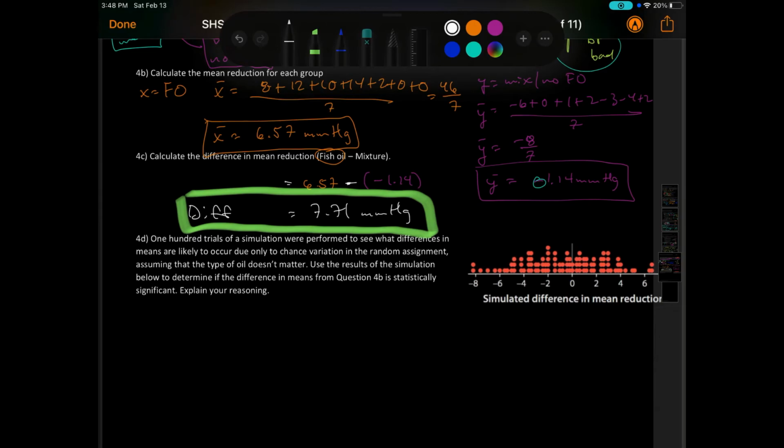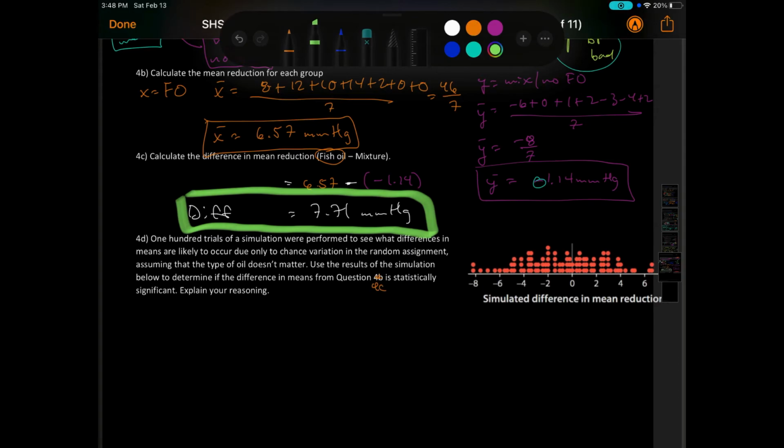Now it's going to tell me the dot plot. 100 trials of simulation were performed to see what differences in means are likely to occur, due only to chance variation in the random assignment, assuming that the type of fish oil, fish or not fish, doesn't matter. Use the results of the simulation below to determine if the difference in means from question 4C is statistically significant. Explain the reason.